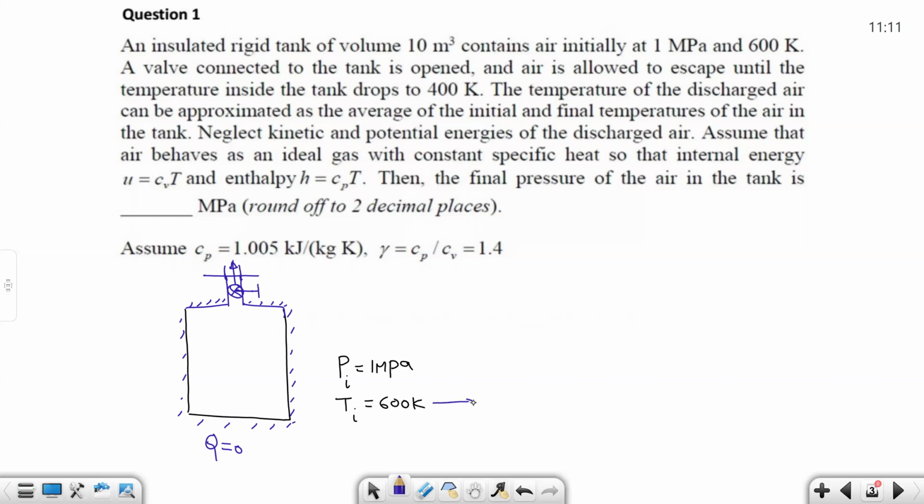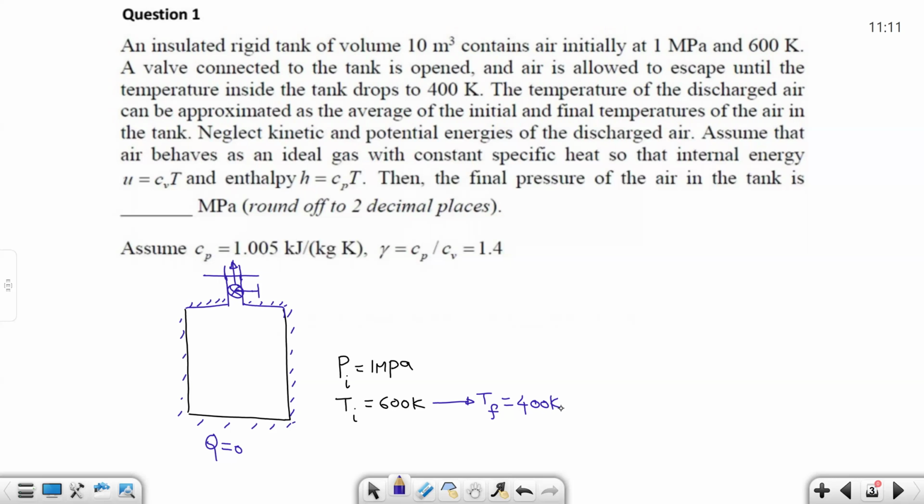So the final temperature of the air inside the tank is 400 Kelvin. The temperature of the discharge air can be approximated as the average of initial and final temperature.